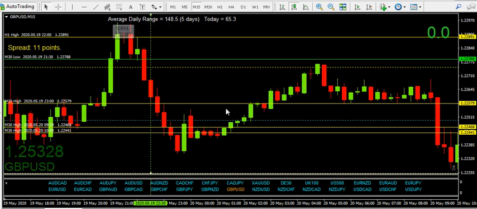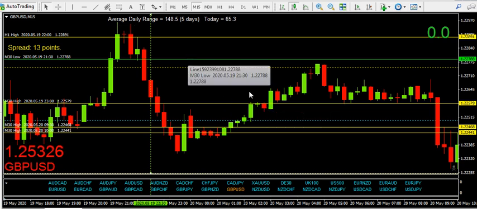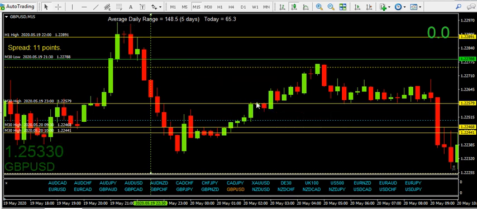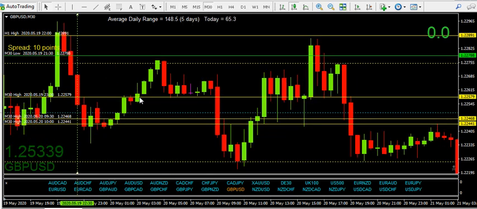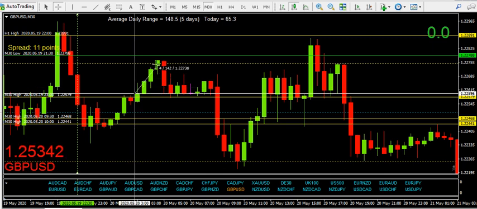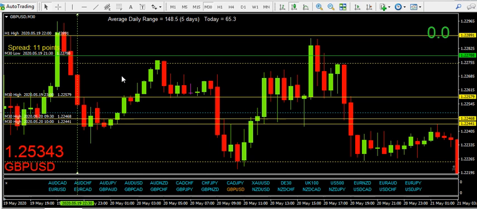So from the entry, wherever it was around here, to that 50 pip level, 15, 16 pips. I set my daily target for 5 pips, so anything over is a bonus. That's just the way I like to trade, and I took that from an ex-professional trader, and I like it a lot actually, but it needs adjusting now.